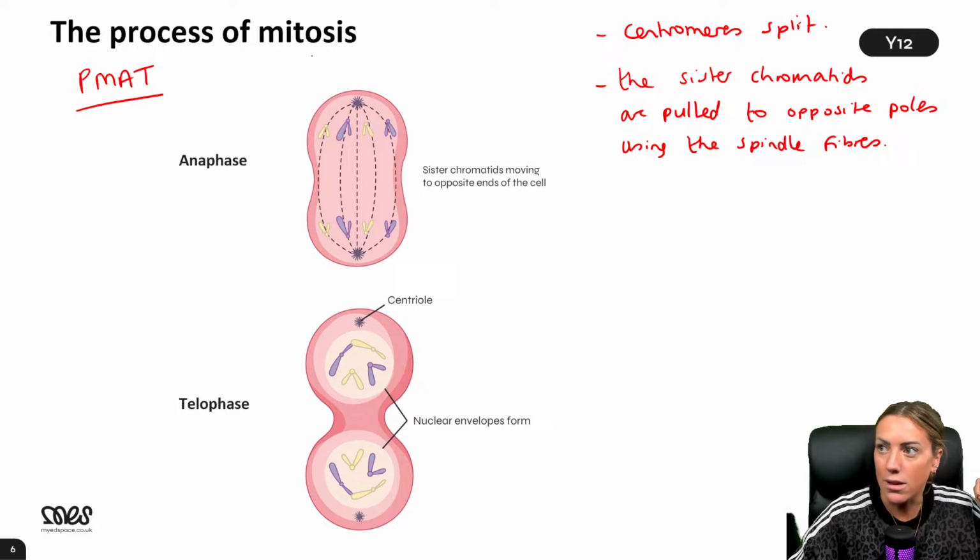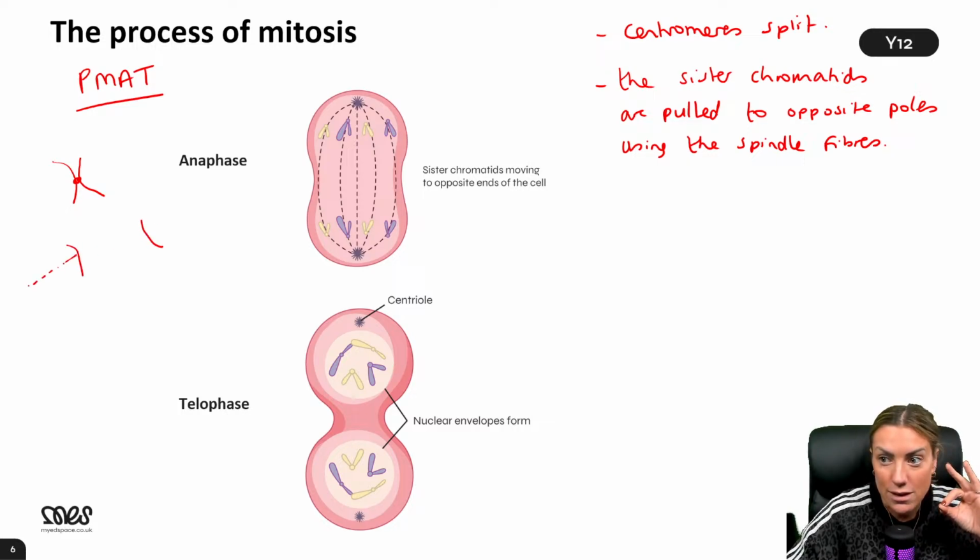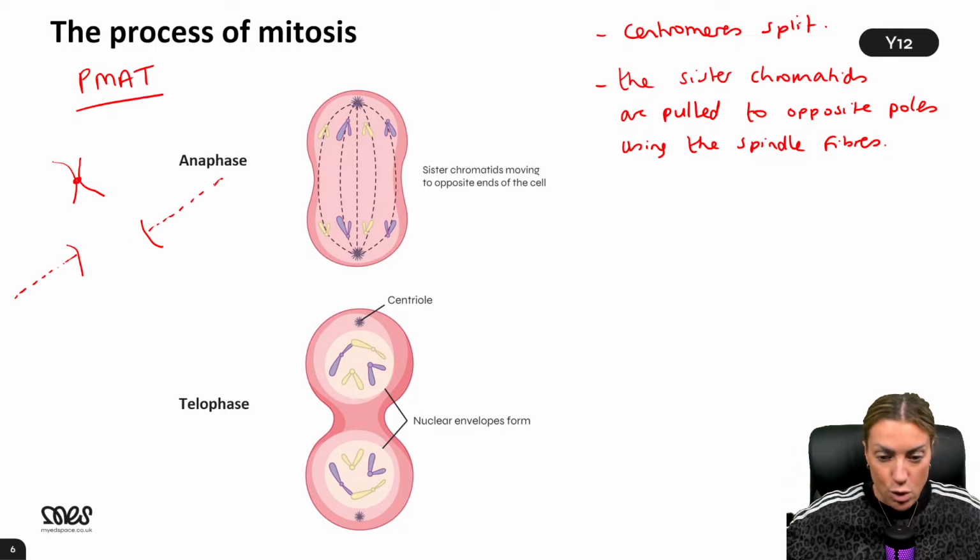Let me do you another picture. Here's my chromosome with two sister chromatids. Here's my centromere. When we go into anaphase, the centromere splits and the sister chromatids are going to get pulled by the spindle fibers to opposite poles.